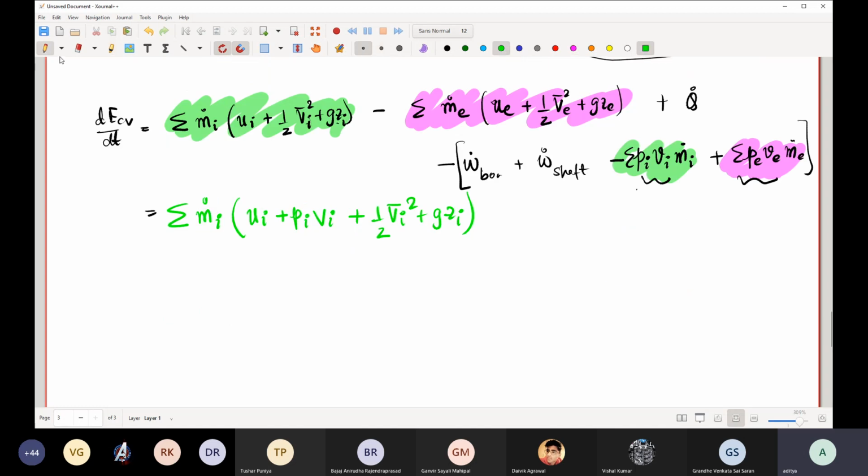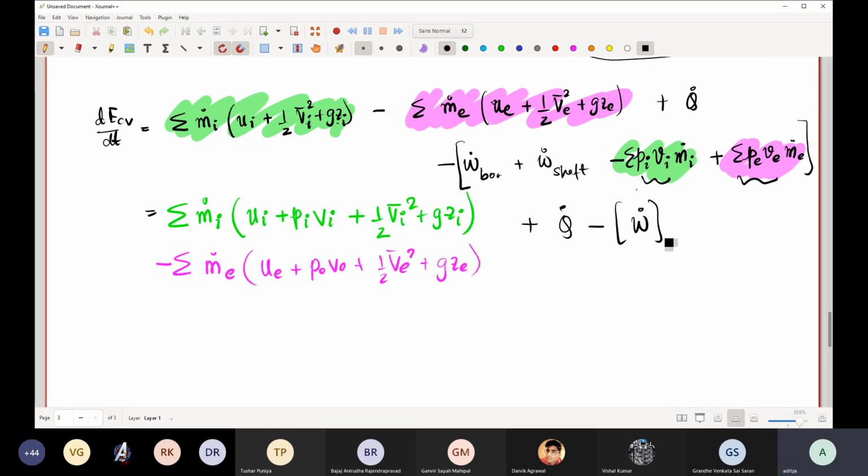We have minus summation of m dot e, ue plus pe ve plus half ve average squared plus g ze. Then the remainder is standard: plus Q dot minus all the W dots, no flow work, because the flow work has been accounted for. So this W dot solely comprises the boundary works and the shaft works.